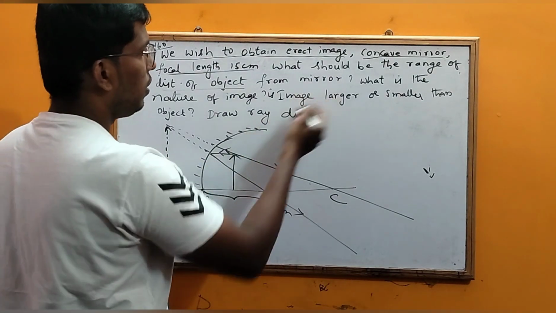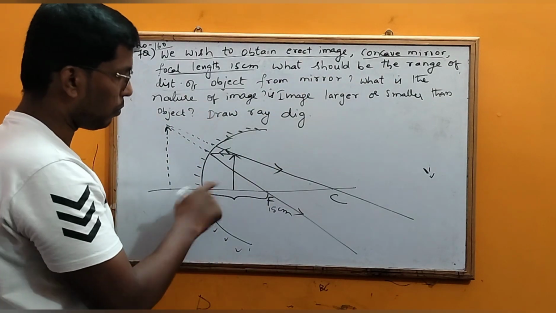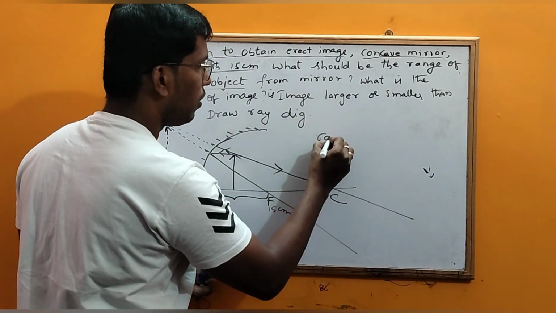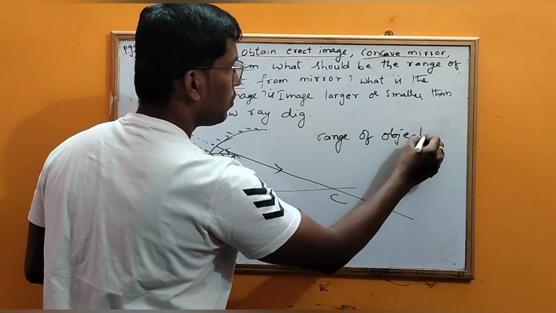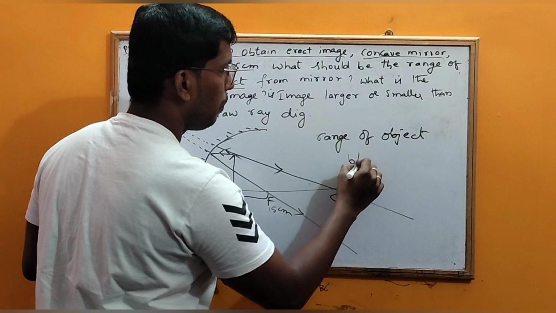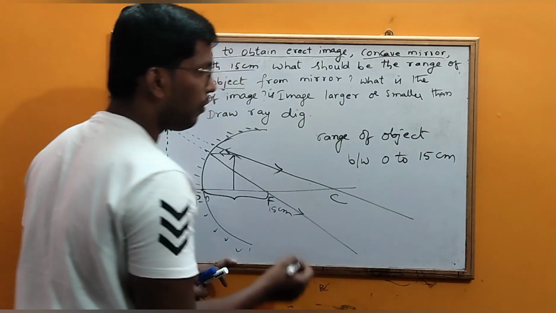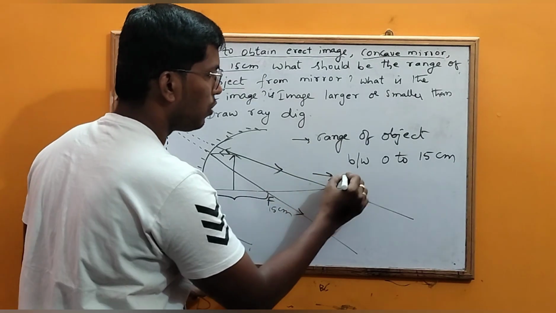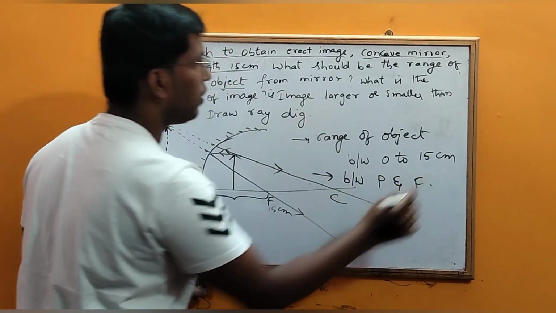So this is the answer. Now observe the range of the distance of the object: the object should be placed between 0 and 15 centimeter, between the pole and focus point.